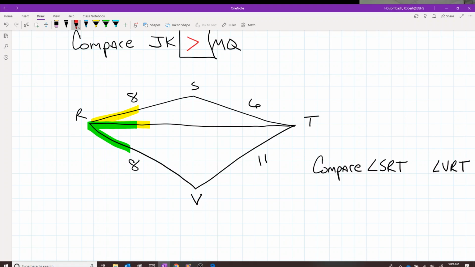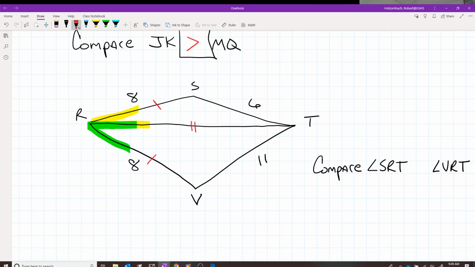In the triangle on the top, you've got a side that's 8 and segment RT that's in both triangles. In the triangle on the bottom, you have a side that's 8. So you've got two sides of one triangle congruent to two sides of another triangle.